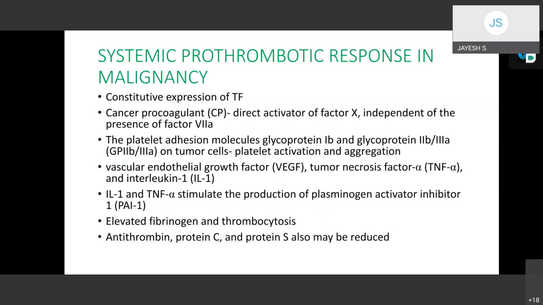The systemic prothrombotic response in malignancy includes a constitutive expression of tissue factor, which will increase thrombus formation through the extrinsic pathway, and cancer procoagulant, which will directly activate factor 10 independent of the presence of factor 7A. The platelet adhesion molecules glycoprotein 1b and glycoprotein 2b 3a on tumor cells will cause increased platelet activation and aggregation.